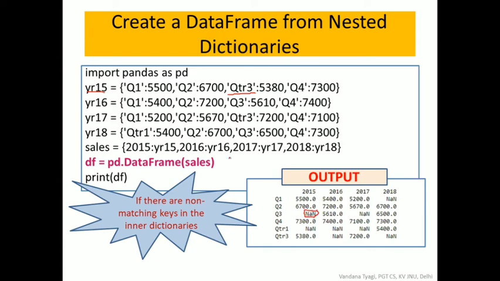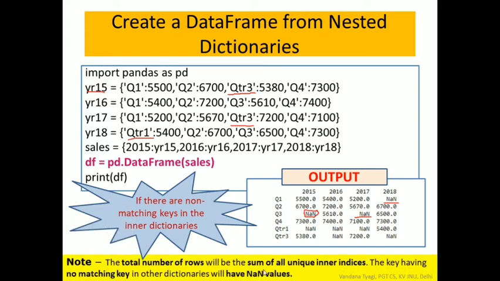For all the missing entries you will find so many NaNs here, because all the missing entries are appended by NaN. In 2018 we have also written QTR1, so Q1 is not there, and since no entry is there in Q1, NaN is appended. Similarly for year 17, Q3 is not there, so it has a NaN. So all the missing data is appended by NaN.